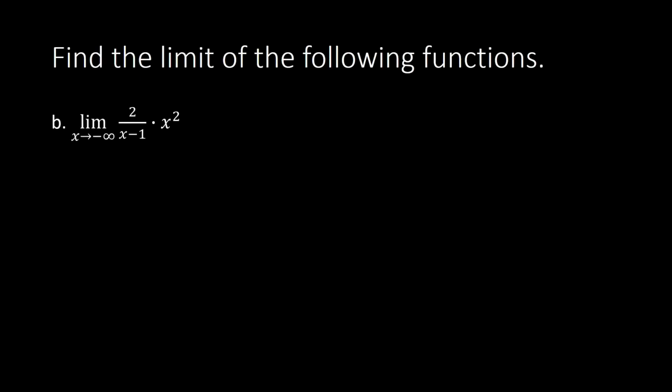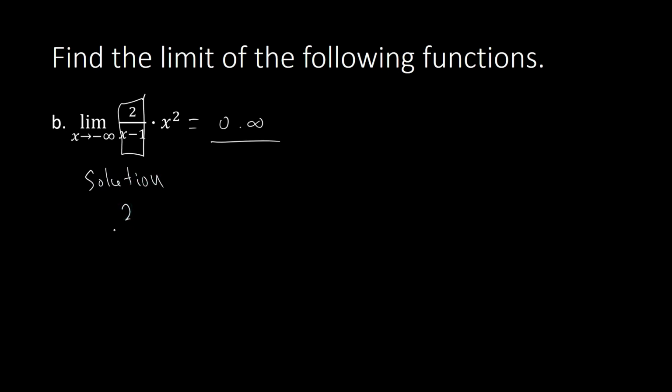Find the limit of 2 divided by x minus 1 times x squared as x approaches negative infinity. So we discover this to be of the form: 2 divided by x minus 1 as x approaches negative infinity is equal to 0, and the limit of x squared as x approaches negative infinity is just infinity. So this is an indeterminate form. Okay, so what do we do?